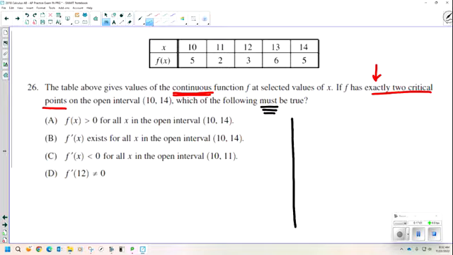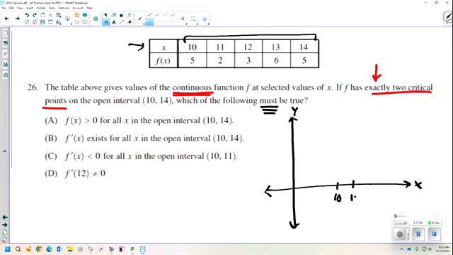Okay, so here's the x. There's the y-axis. Here's the x-axis. And we're going to have the following x values at 10 through 14: 10, 11, 12, 13, 14.